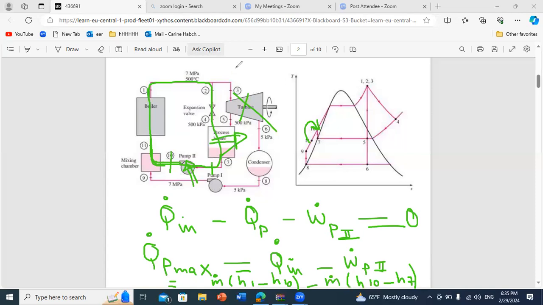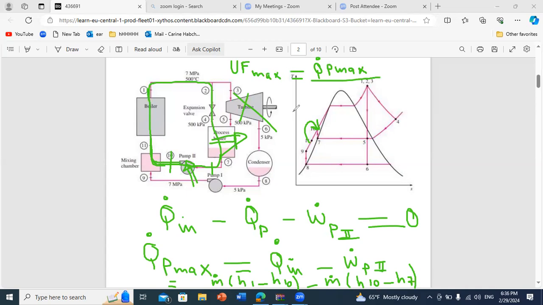And what will be then the utilization factor? Here, the maximum utilization factor of process heat is equal to Q dot P max over Q dot N. Sometimes if I give you a percentage, and if I tell you the process heater is 80% efficient, all you have to do is to multiply.